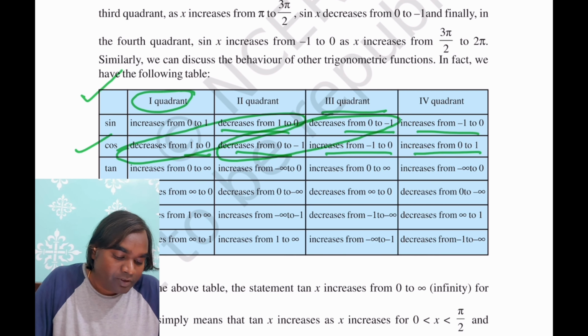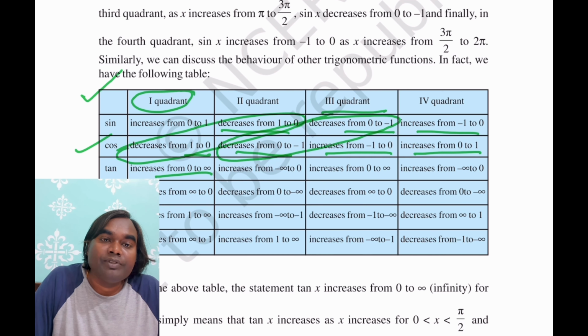So now the tan x variation: in the first quadrant, the value of tan increases from 0 to infinity, and for the second quadrant it increases from minus infinity to 0, and for the third quadrant it increases from 0 to infinity, and for the fourth quadrant it increases from minus infinity to 0.